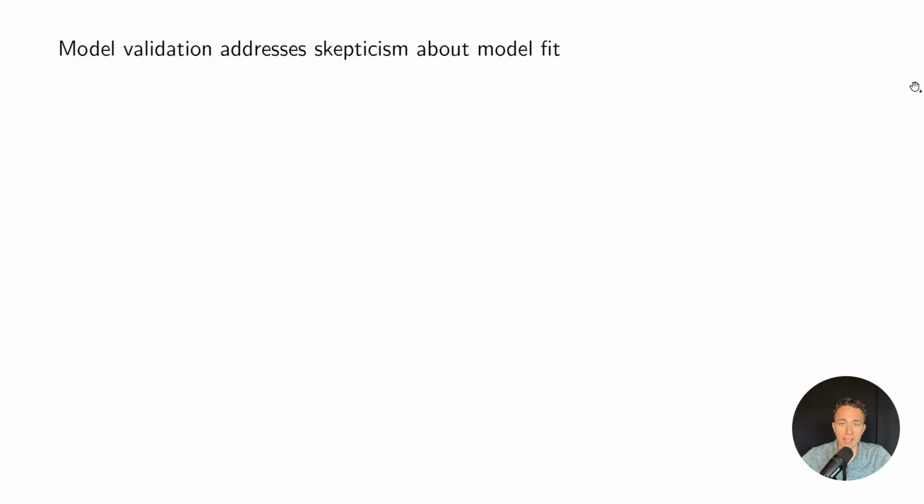The main idea with model validation is trying to convince skeptics that the model is actually a reasonable representation of reality. And one issue that some people have with structural modeling is that if you're using the entire data set for estimation, then you could overfit the model, meaning that the parameter estimates would not produce data in a more general setting than the exact data set that was given the model.